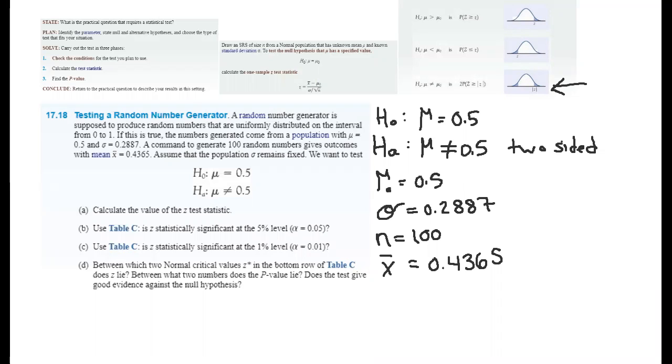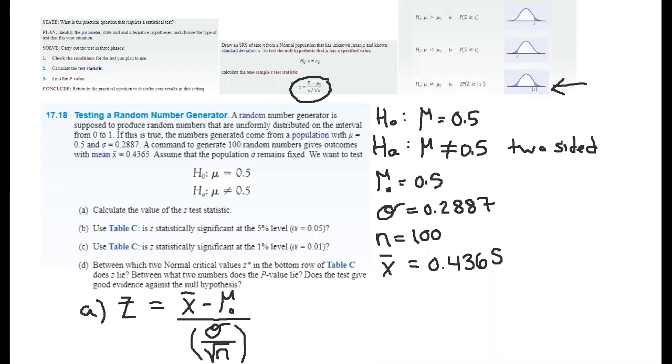So the test statistic z is given to us as x bar minus mu naught divided by the standard deviation, which itself is divided by root n.